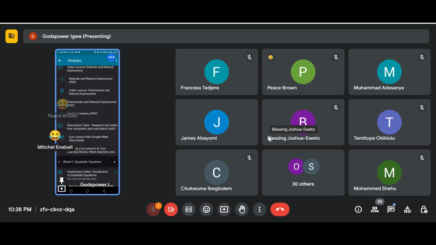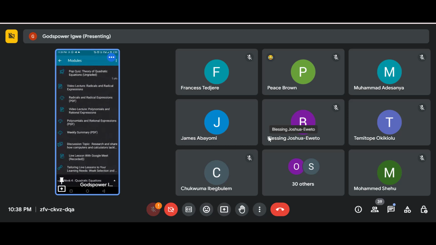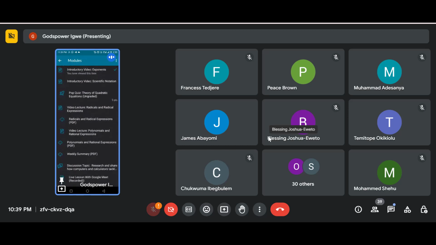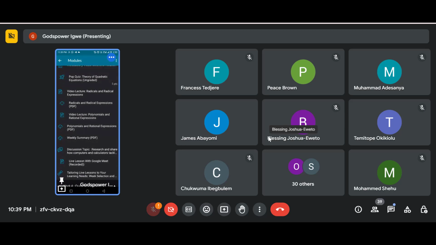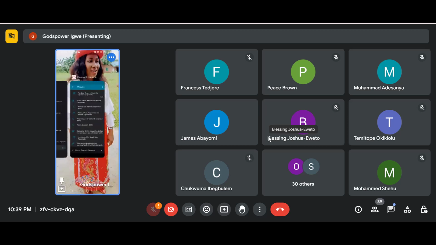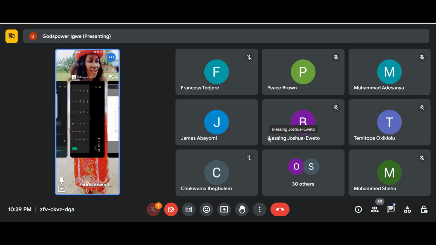What's the equation? We're done with polynomials and rational expressions. Have we done this? Have we done polynomials and rational expressions? Have we done that? Am I still connected to the class?